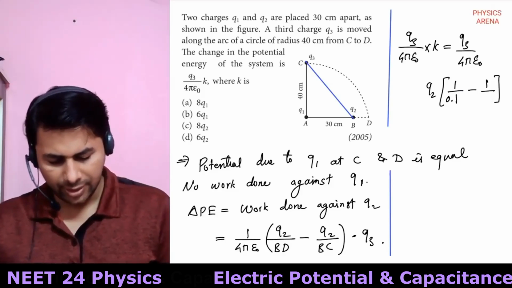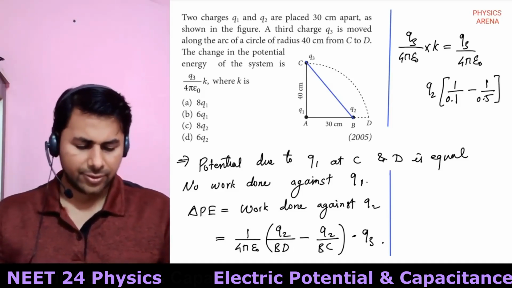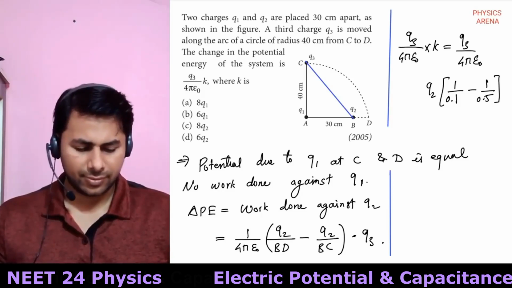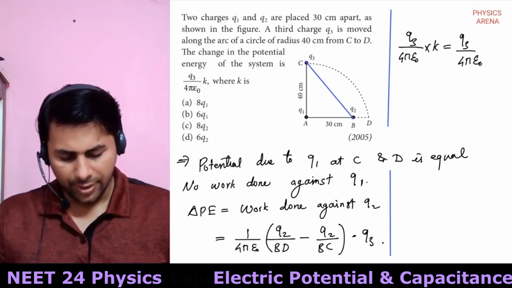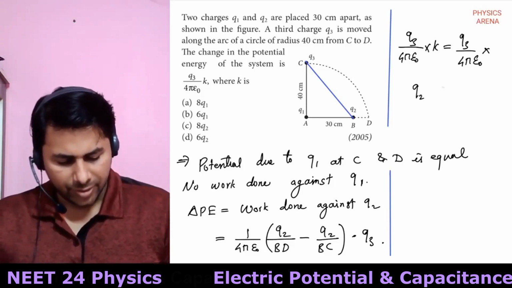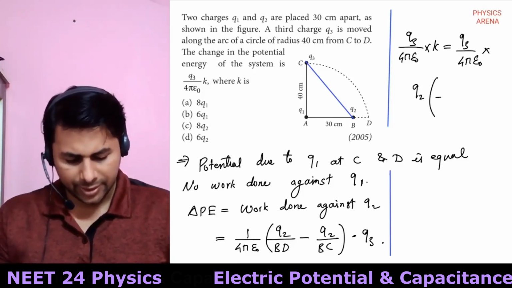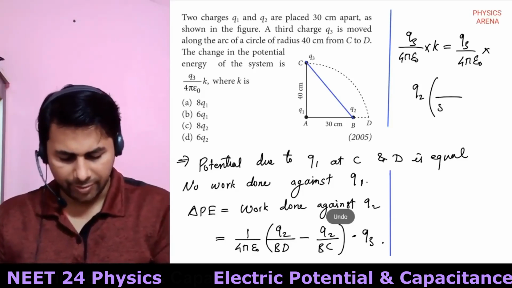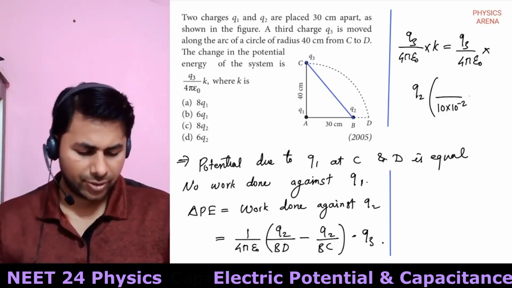Sorry, not minus. This thing is clear, yes, no? Or let me write it like this. So it is Q2 multiplied by what? I will write this as 10 centimeter, it is 10 into 10 raised to minus 2. You can move that minus 2 in the numerator.